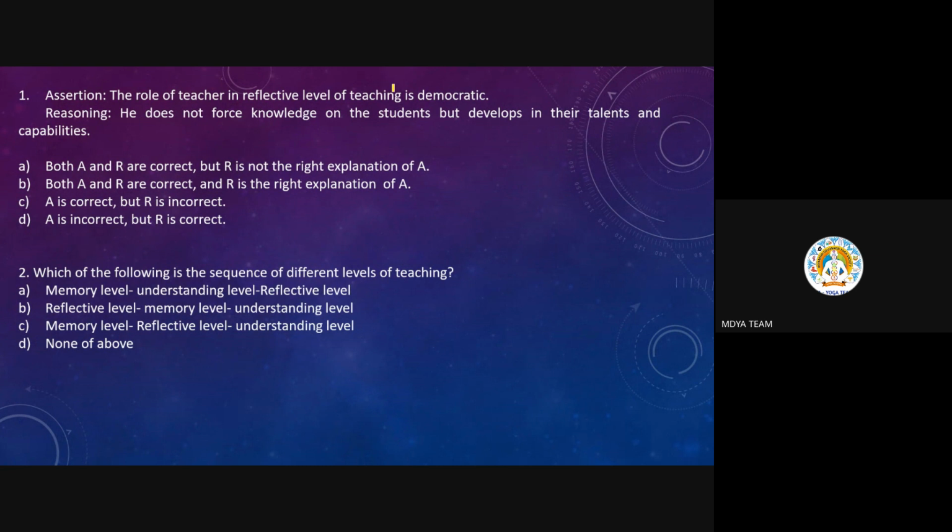So here both the assertion and the reason are correct, and the reason R is the right explanation of A. So this is the right answer. Now the sequence. What is the sequence? Very easy question. Ma'am, first. Yes, first one. Memory level, understanding level, and reflective level.